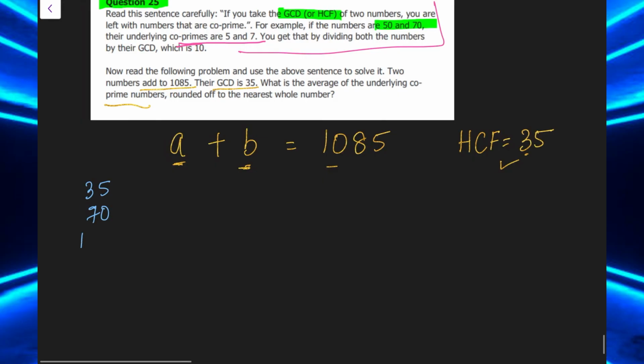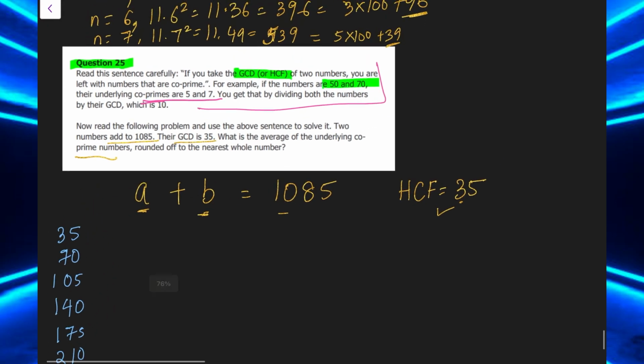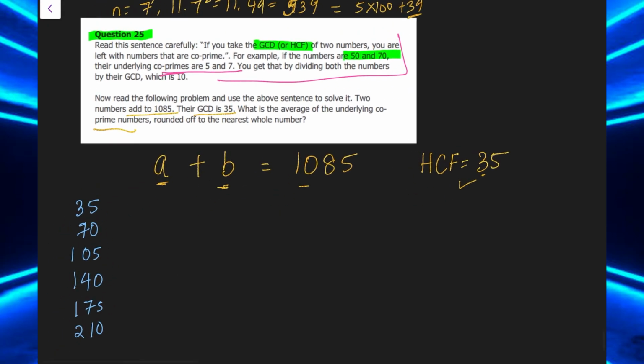35, 70, you can add 35 each time, 105, add 30 and 5, 140, 175, 210, 245, 280, 315.